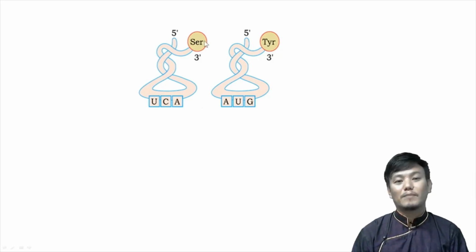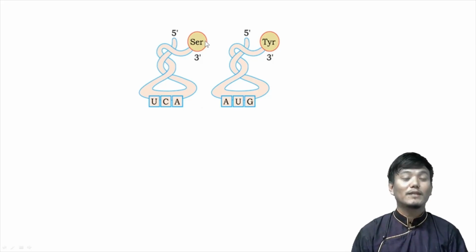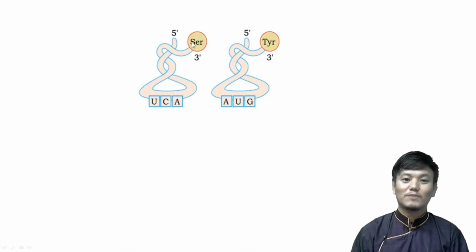I told you that for the formation of a peptide bond, energy is required. But that energy is present in the amino acid itself, because the amino acids were activated in the presence of adenosine triphosphate. Remember that.